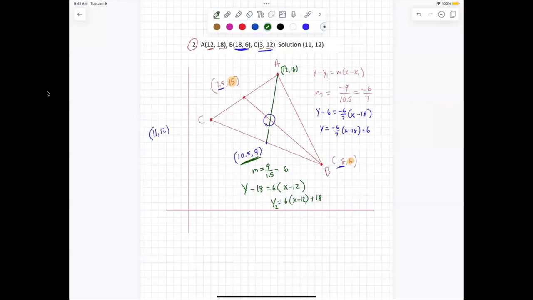Y equals, what are the two lines? 6 times X minus 12 plus 18 and negative 6/7 X minus 18 plus 6. Window. X min negative 10 to 30. Well, I don't know why you made that 30. I would make it 20. I thought it said the same thing when it was 20, so I thought maybe it still was big.